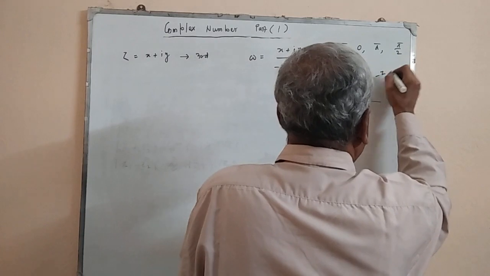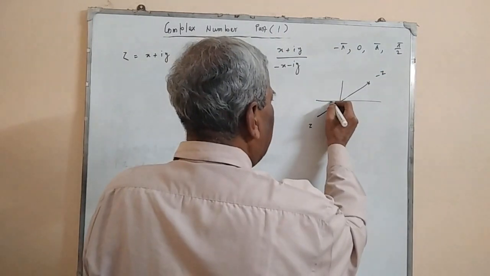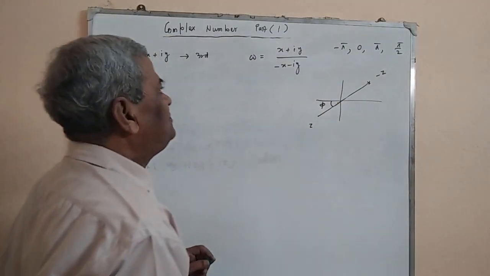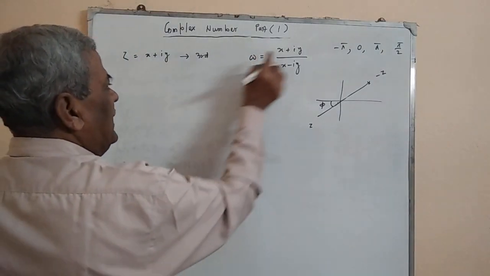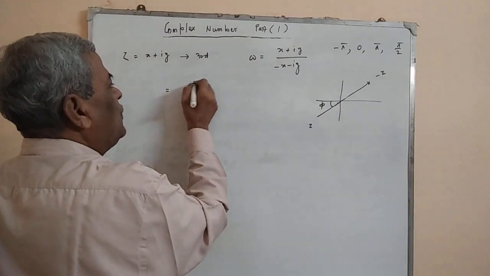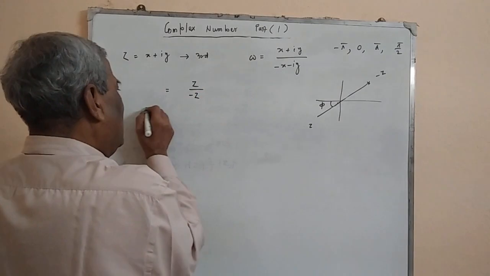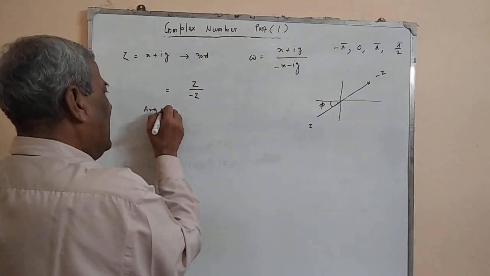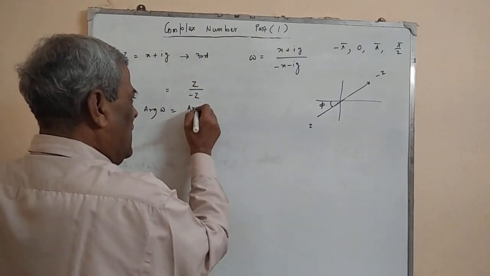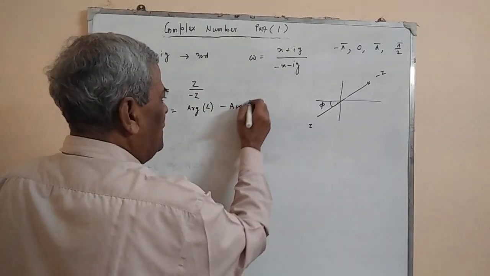This is minus z. Suppose this angle is phi. Omega is equal to z by minus z. The argument of omega is the argument of the type z1 by z2, that is, argument of z minus argument of minus z.